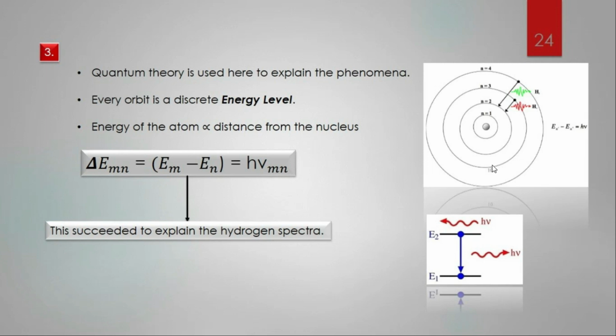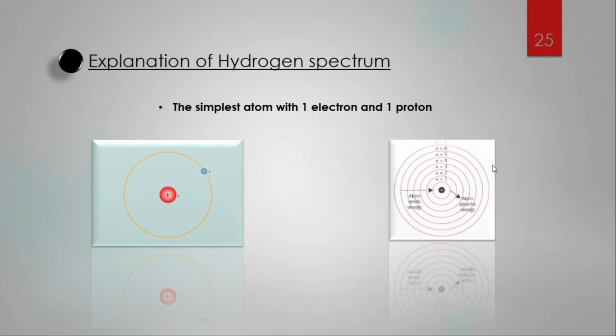This equation succeeded in explaining the hydrogen spectra, which Rutherford failed to do, and this is the success of Bohr's theory.